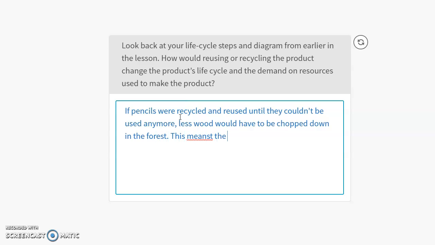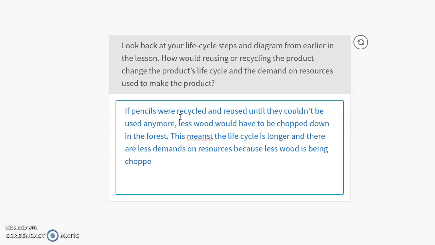This means the life cycle is longer and there are fewer demands on resources because less wood is being chopped down.